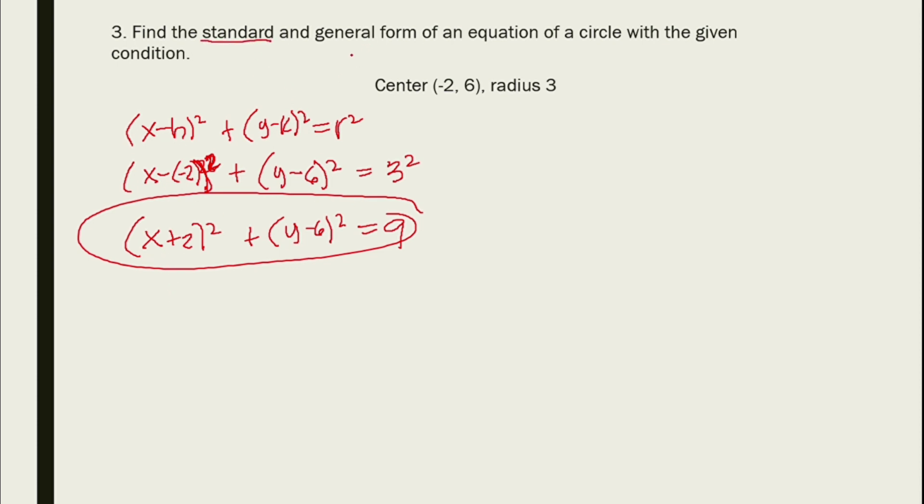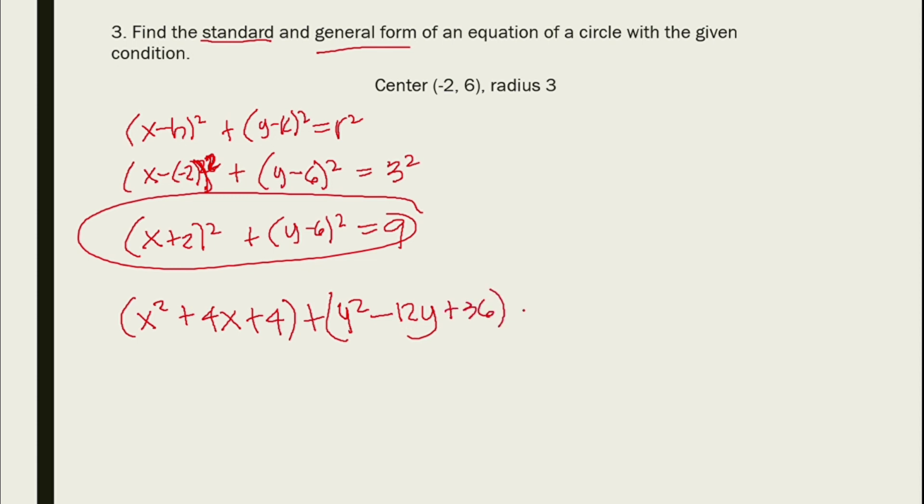When we talk about general form, we have to expand this. So expanding, we have x squared plus 4x plus 4, twice the product and the square of the last term, plus y squared minus 12y plus 36 is equal to 9.